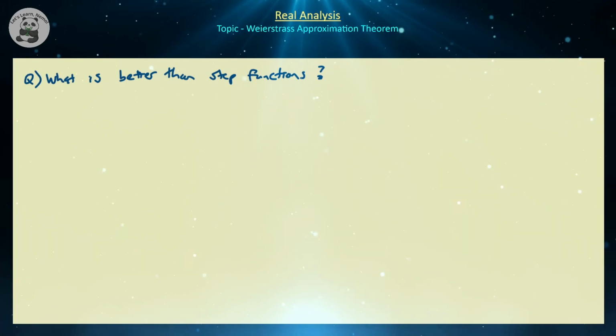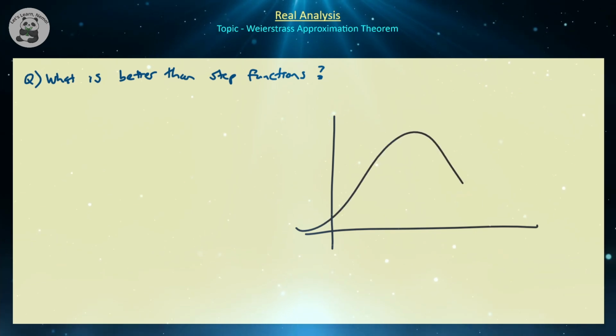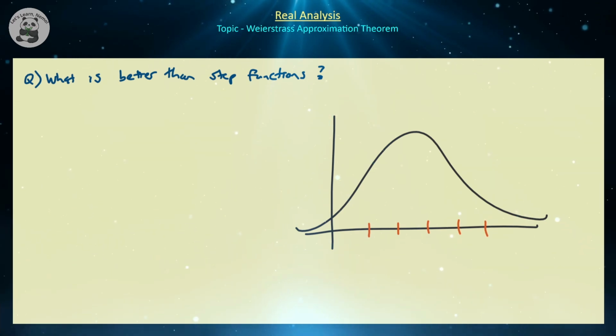So the next question that we're going to be investigating is, how can we do a little bit better than step functions? If we think about the graph of some random function, let's assume we have a bell curve, a Gaussian type of distribution, and let's assume that we take these points as our subintervals a, b. Obviously, we're going to be projecting onto this curve.